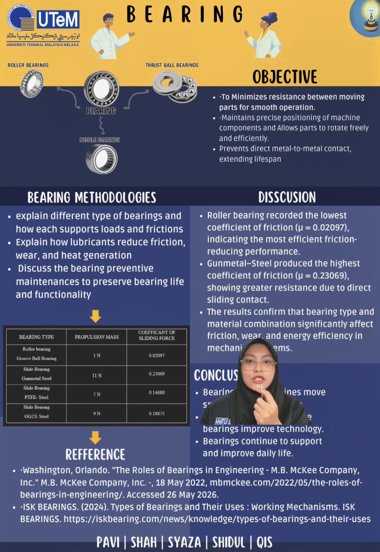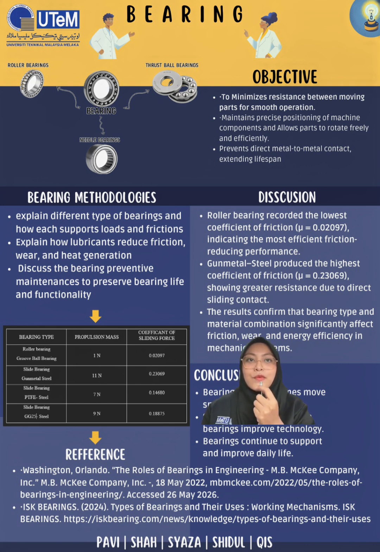The GG25 steel bearing required 9 newtons and had a coefficient of friction of 0.18875. Meanwhile, the gunmetal steel bearing required the highest propulsion force of 11 newtons and recorded the highest coefficient of friction, which was 0.23069.